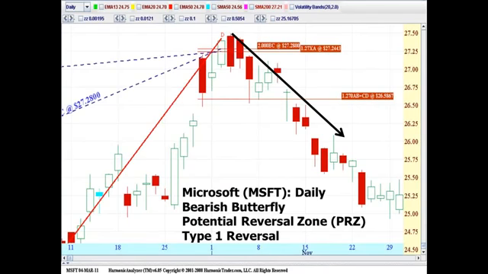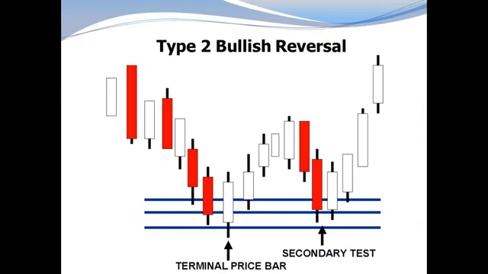The price action immediately following the terminal price bar reversed quickly and began to roll over. Now this type of price action in the potential reversal zone should happen fairly quickly, where immediately following the pattern completion, we see that the trend begins to head down.